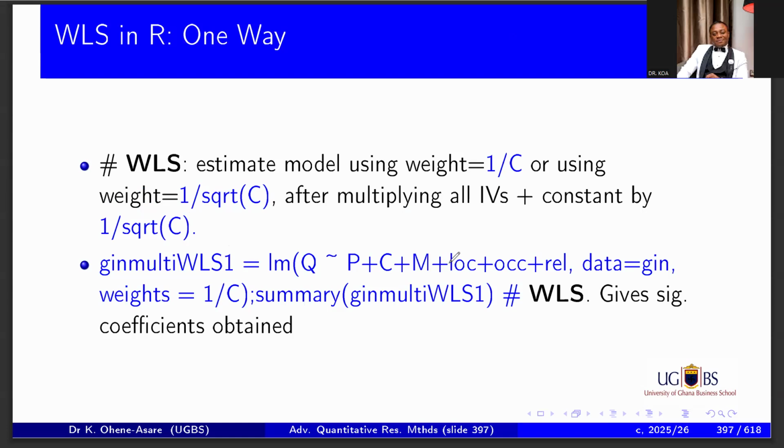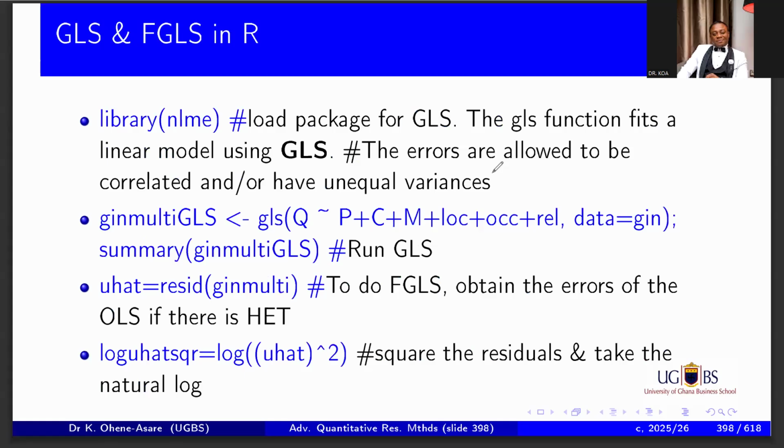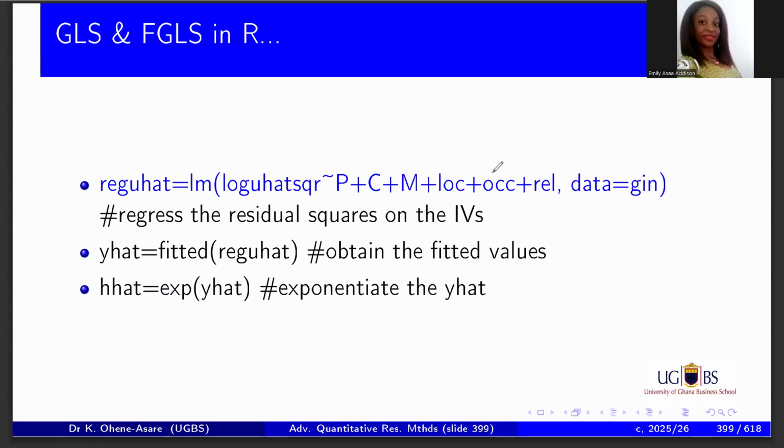You run the same thing as you did in the OLS, but watch it: at the end, you have incorporated weight equals 1 over C. Then you command R to give you the results, and the results are going to be beautiful. You'll see that some of the variables that were not significant are even significant. So you correct the issue.